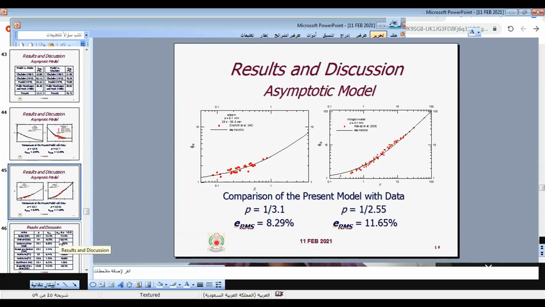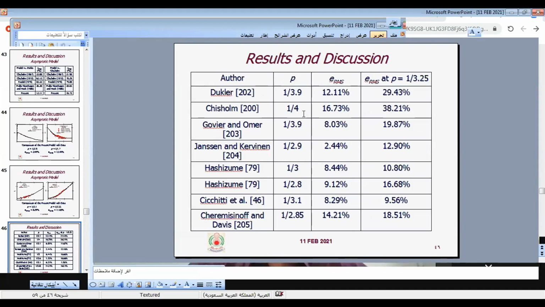And in this table, I summarize the root mean square error for different data sets. Here you can notice, for example, that for the Dukler data B is equal to 3.9. For the Chisholm data, B is equal to 4. So I try to use one value of B, because B in this table changes from 2.8 to 4. So I take B as almost 3.25 in the case of a circular pipe.